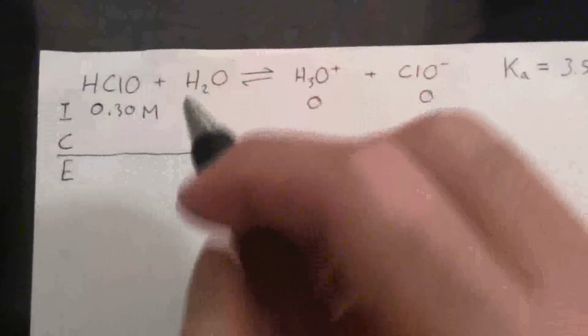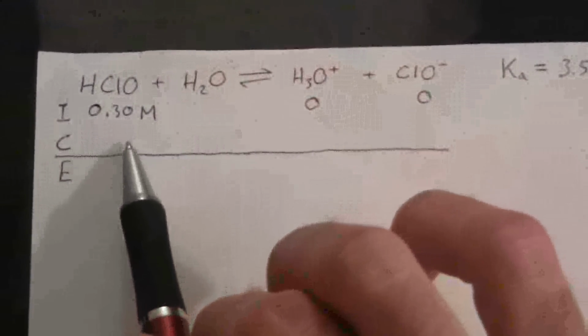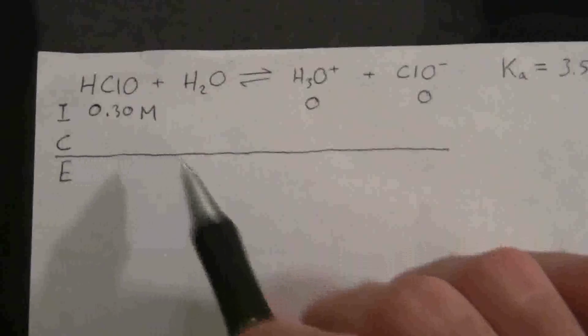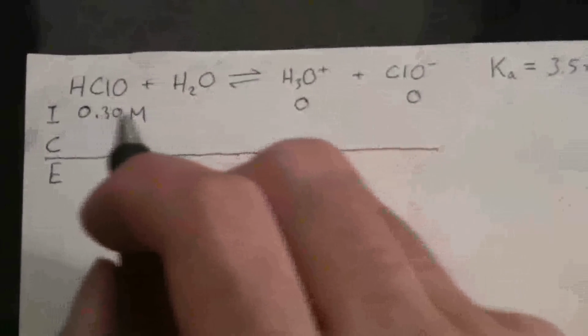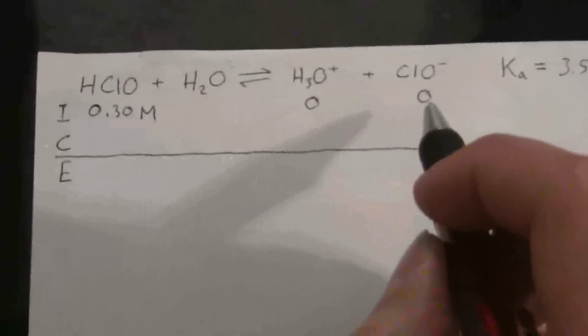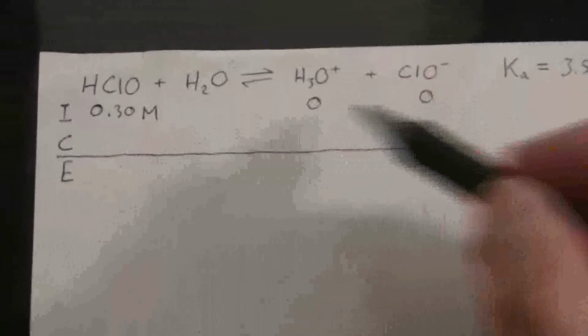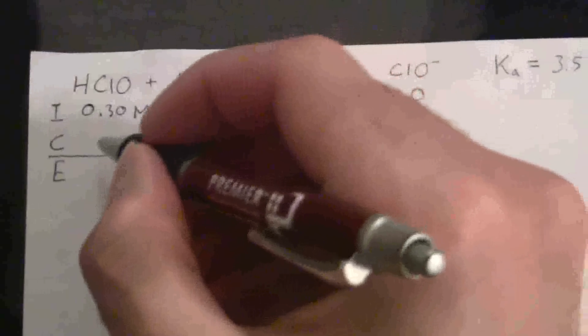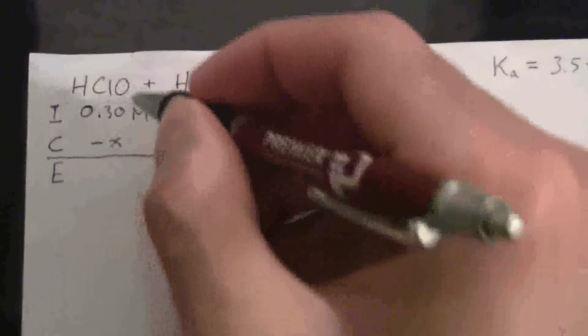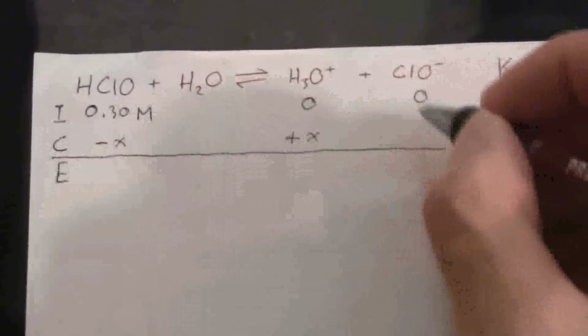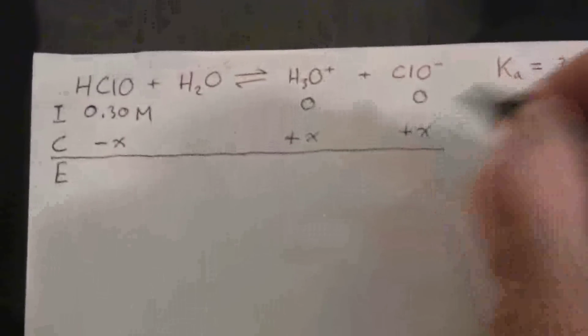Now the change as we move from here to equilibrium, there's going to be a small shift toward the right. We obviously can't shift toward the left because we don't have anything here to remove. So there has to be a loss of reactants and a gain of the products.